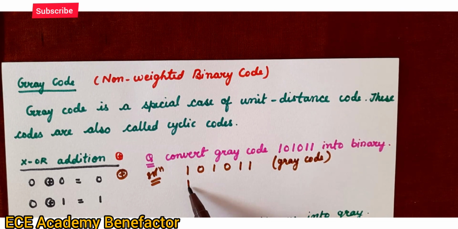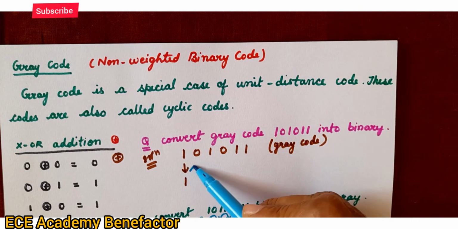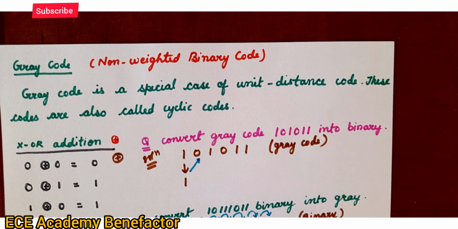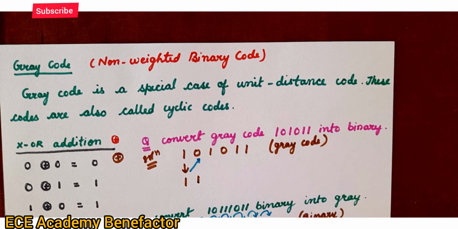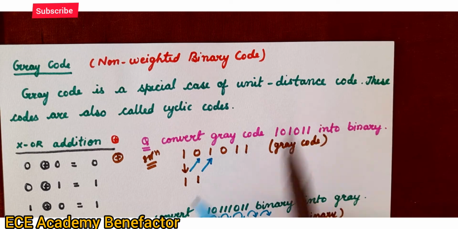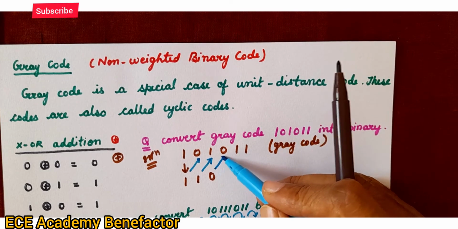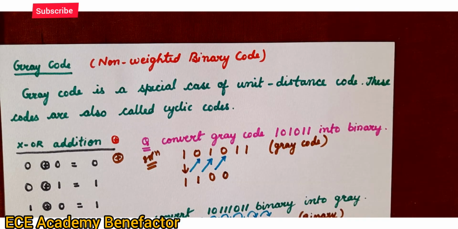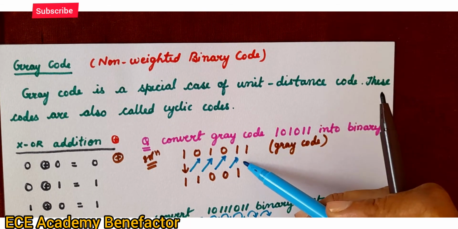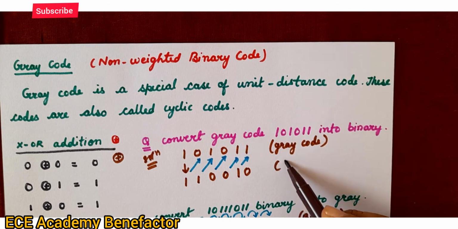So, first write the MSB bit as it is and then you have to do diagonal XOR addition. 1 XOR 0 is 1. 1 XOR 1 is 0. 0 XOR 0 is 0. 0 XOR 1 is 1. 1 XOR 1 is 0. So, this is a binary number.